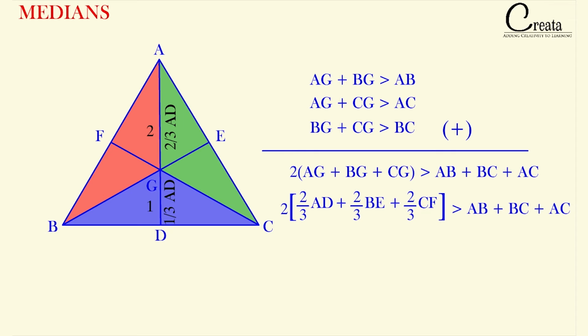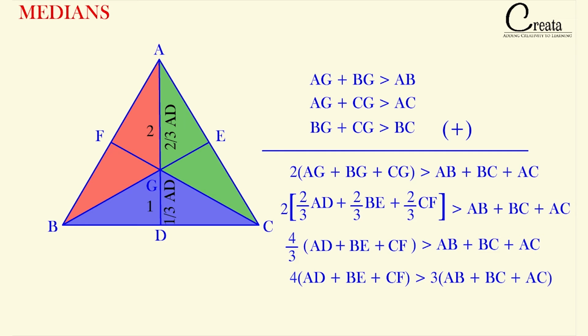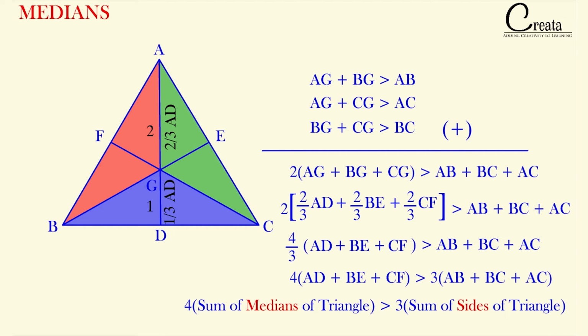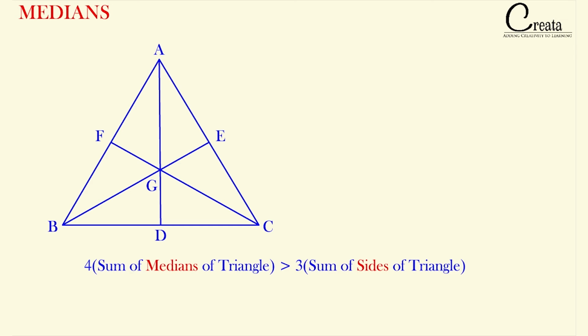On solving, we got 4 times AD plus BE plus CF is greater than 3 times AB plus BC plus AC. AD, BE and CF are the medians of the triangle, and AB, BC and AC are the sides of the triangle. So we got a relationship that is 4 times the sum of medians of a triangle is greater than 3 times the sum of sides of a triangle. Again, an important relation.